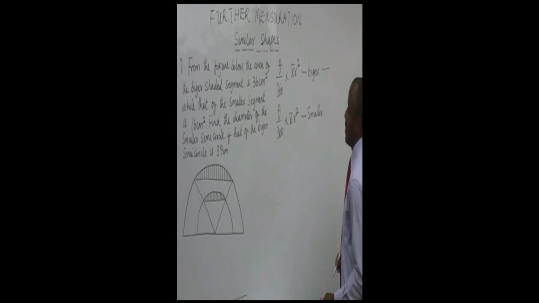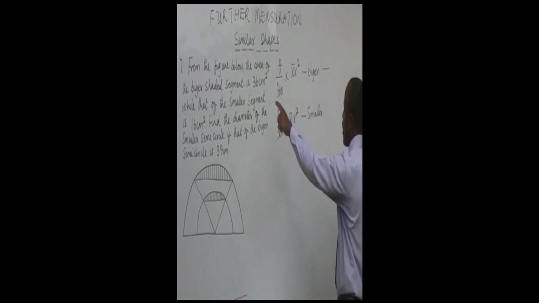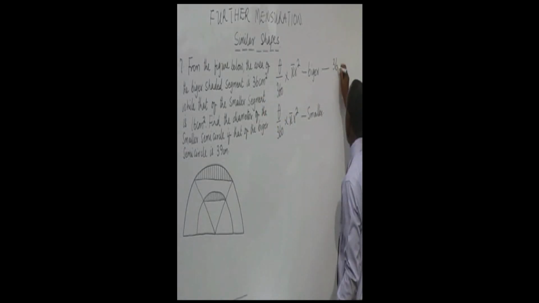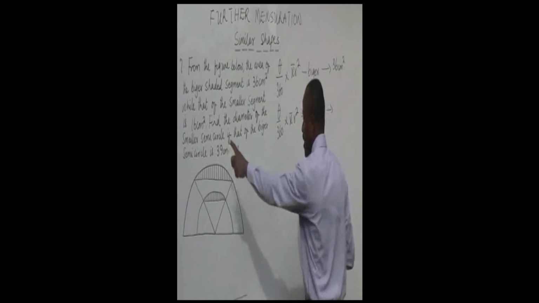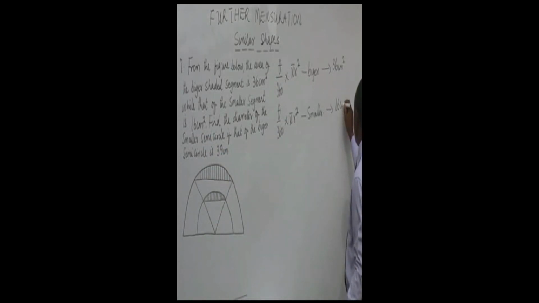And this area for the bigger circle is given as 36 centimeters squared, while that of the smaller circle is 16 centimeters squared.